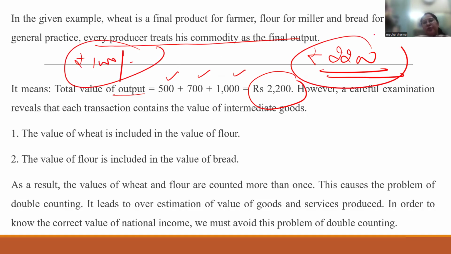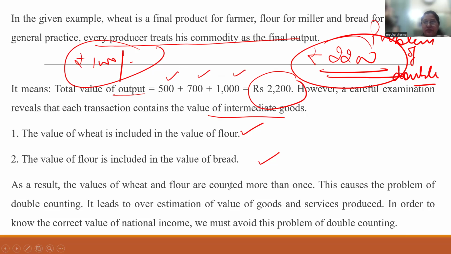So this 2200 is the problem of double counting, right? So you should know that the value of wheat is included in the value of flour. The value of flour is included in the value of bread. So as a result, the values of wheat and flour are counted more than once.